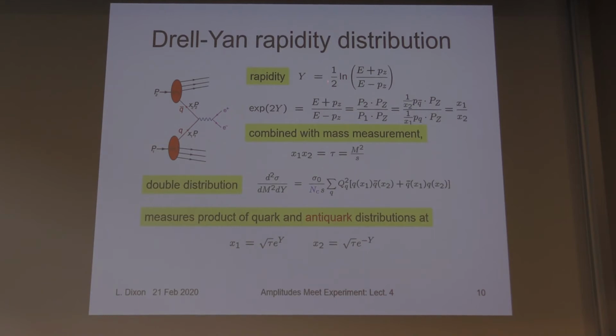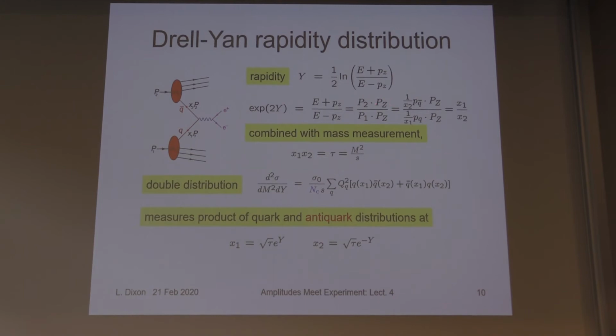So let's rewrite this equation by multiplying by 2 and exponentiating it. So we get e to the 2y over here. And on this side, we get just the ratio of E plus pz over E minus pz. We can rewrite these energies in the center of mass frame as P2 dot pZ.